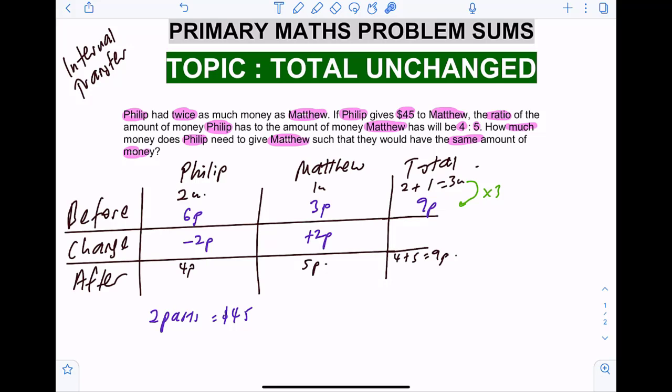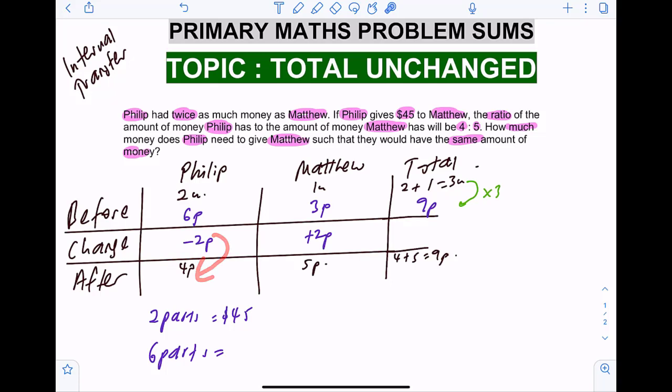Alright, so the question is this: how much money does Philip need to give to Matthew such that they will have equal amount of money? Alright, so before that, we need to know how much does Philip has and what is the total amount of money as well. So Philip has 6 parts of money, right? He does not have 4 parts because this is an if statement.